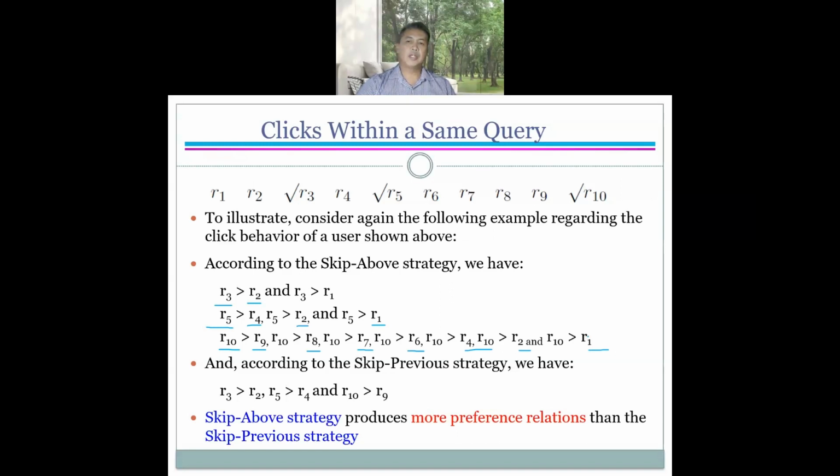So the skip above strategy produces more preference relations than the skip previous strategy, because skip above covers more documents. So you can get more preference relations to the other documents that we have. But sometimes when we try to get the result, in the first round we cannot find a relevant document, then we change the query, then we get the second one.